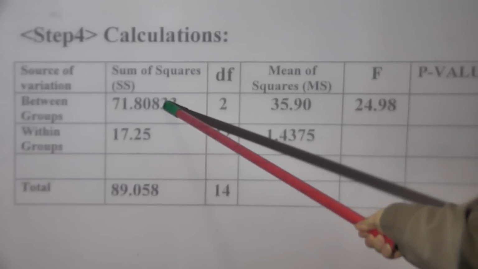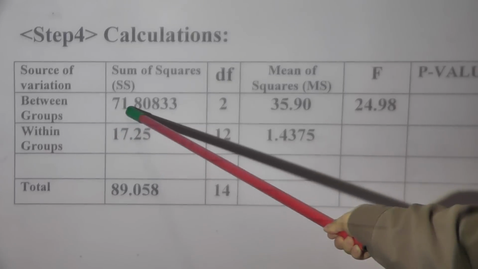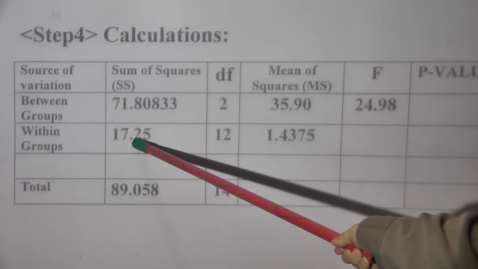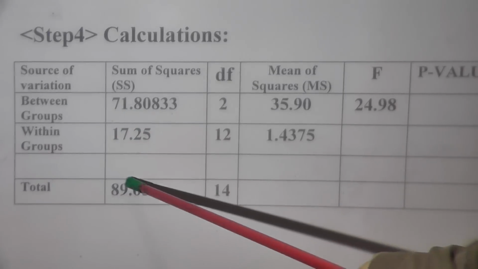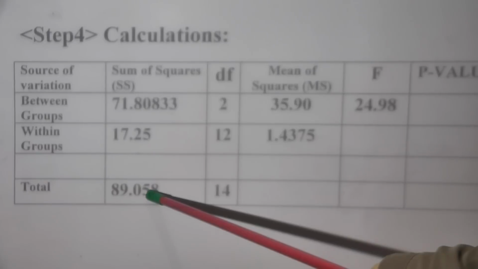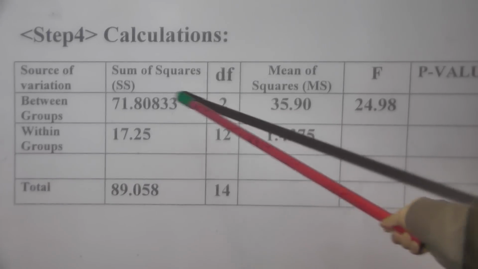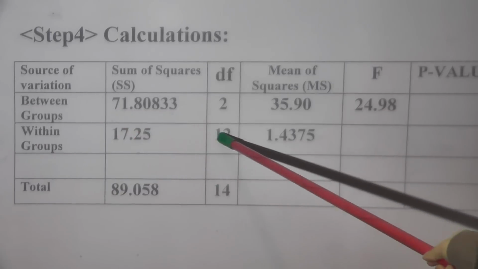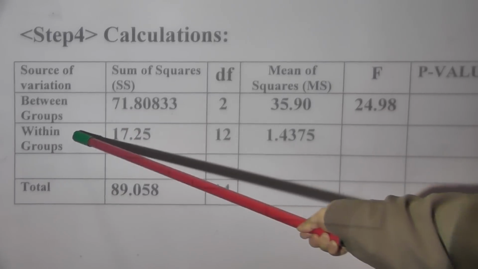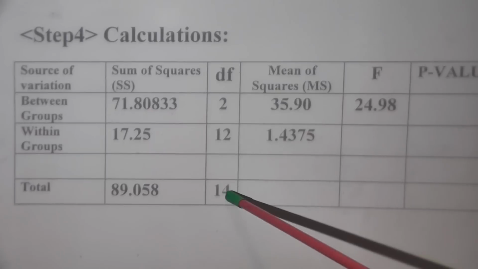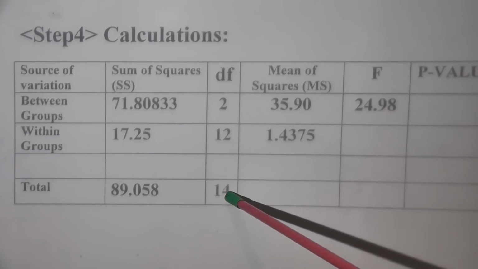Sum of squares between groups plus sum of squares within group add up to sum of squares total. And the other identity is degree of freedom between groups and degree of freedom within group, 2 plus 12 add up to total degree of freedom, which is 14.